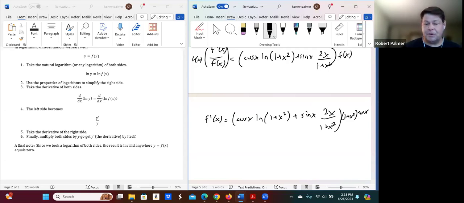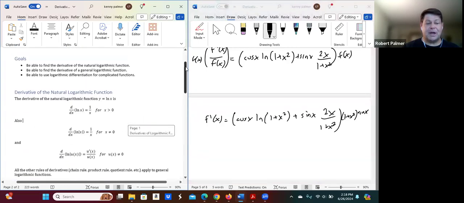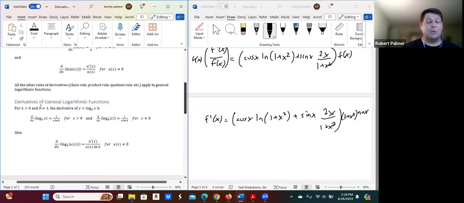So what we've learned so far today is how to take the derivative involving logarithmic expressions. We first learned how to take the derivative of just natural log of x, which is the one you're going to see in most cases. Then we looked at how to take the derivative of a more general logarithm with any other base. It's very similar, except in the bottom we just multiply by the natural log of the base.